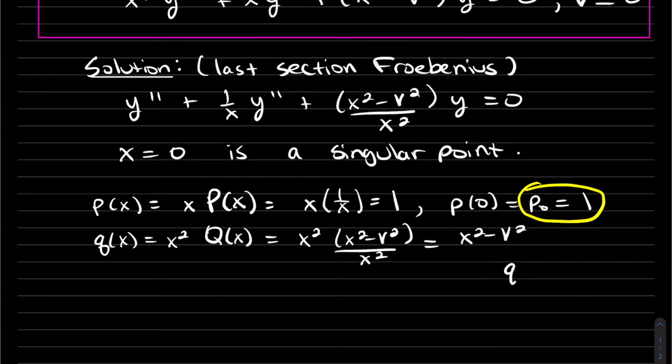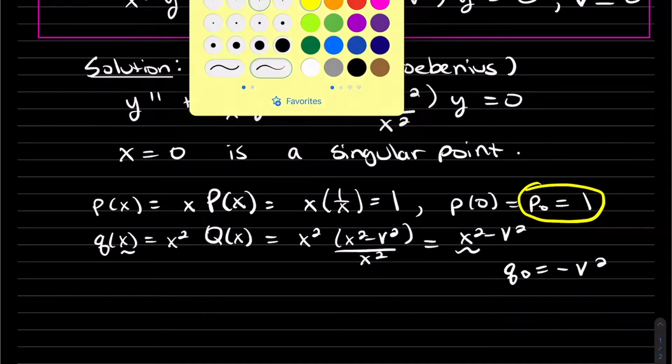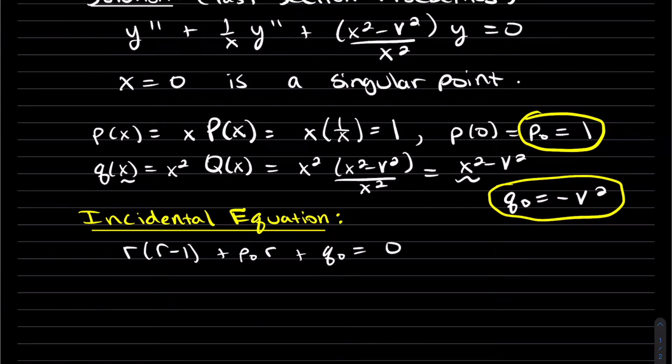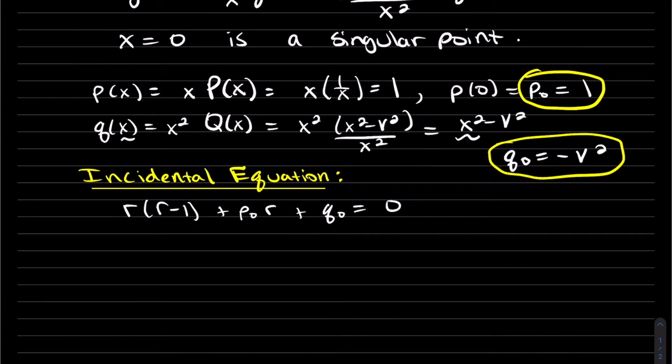And our Q naught is going to be minus v squared. We're plugging 0 in there, which we'll need for our indicial equation. So our indicial equation, plugging in P naught and Q naught.